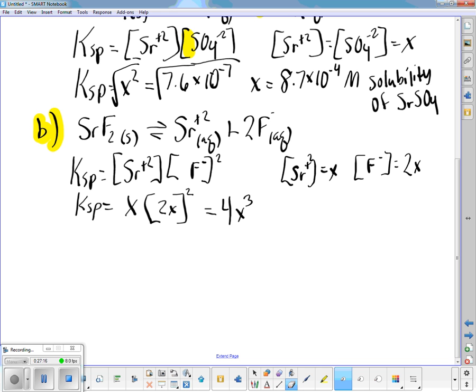When we do this, it was a 2 in front. So the 2's become the exponents, remember? The things we use to balance become our exponents. I just put it here to help us remember the 2, so I erased it. So when I squared 2X, I got 4X squared. Then I times it by an X, and I got 4X cubed.